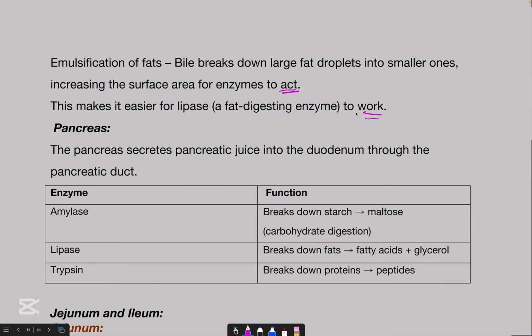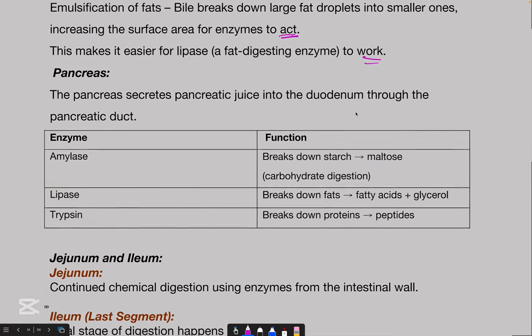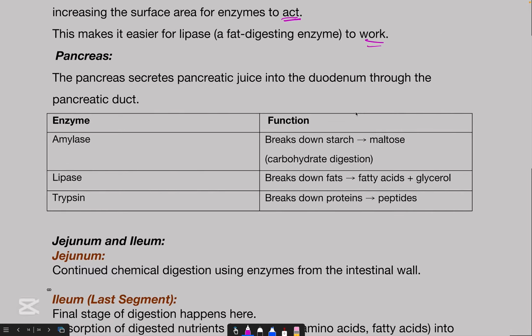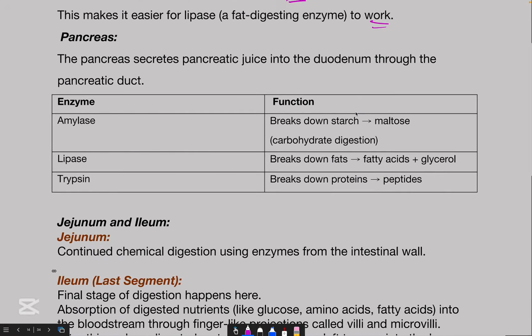Are you getting it? The pancreas also secretes pancreatic juice into the duodenum through the pancreatic duct. The pancreatic juice consists of amylase, which breaks down starch into maltose, of course, you know. Lipase breaks down fat into fatty acids and glycerol. Take note of this. They may ask you, lipase breaks down fat into what?